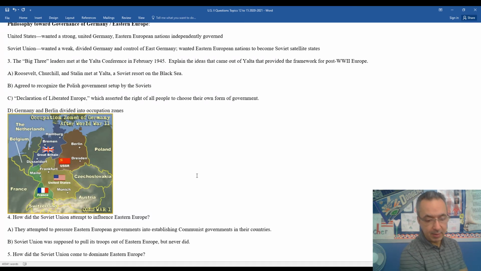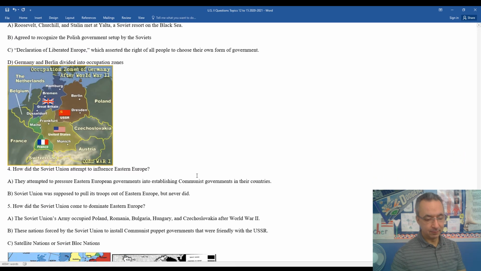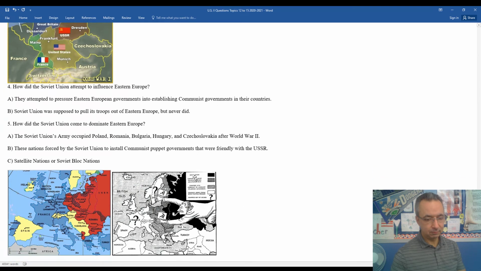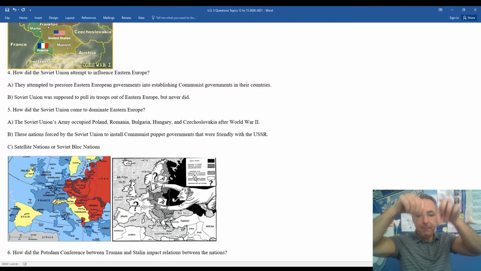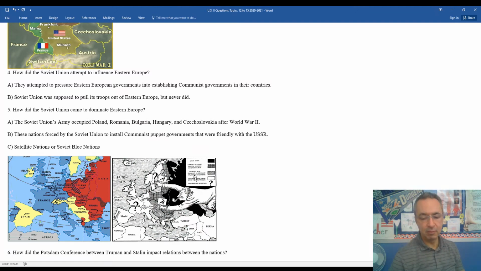How did the Soviet Union come to dominate Eastern Europe? The Soviet Union's army occupied Poland, Romania, Bulgaria, Hungary, and Czechoslovakia after World War II. These nations were forced by the Soviet Union to install communist puppet governments that were friendly with the Soviet Union.